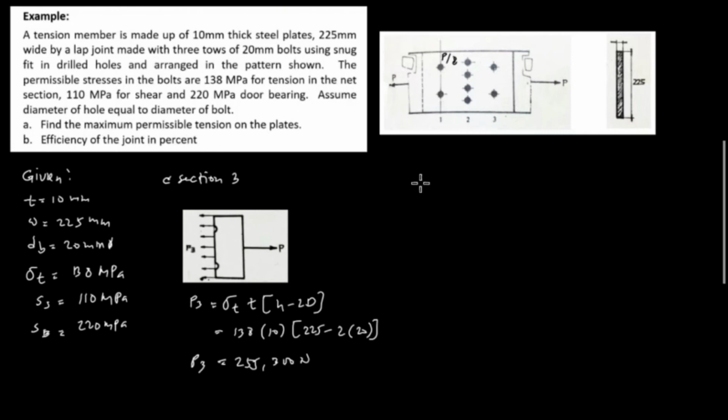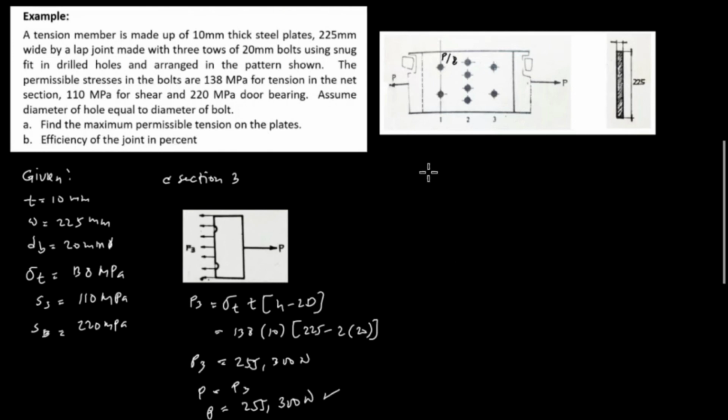Based on the diagram, for the bearing of the plates and the shearing stress, we don't have a bolt in between section 3 and the force P, and therefore P is equal to P3, or P is equal to 255,300 Newton, and this is for section 3.